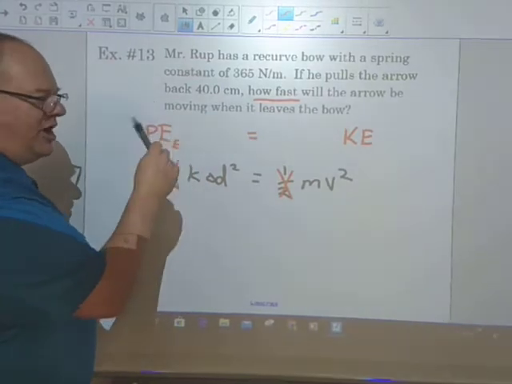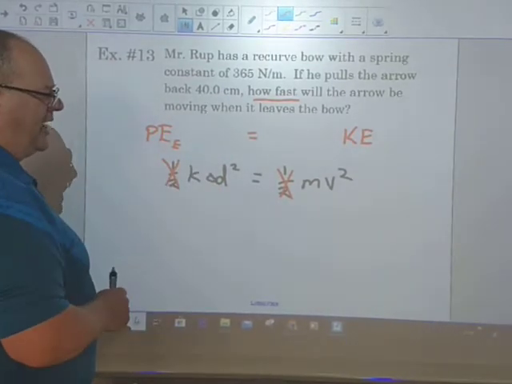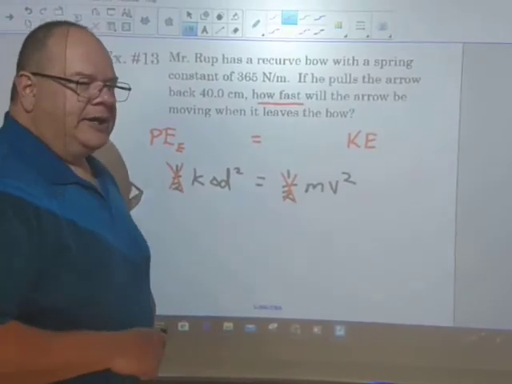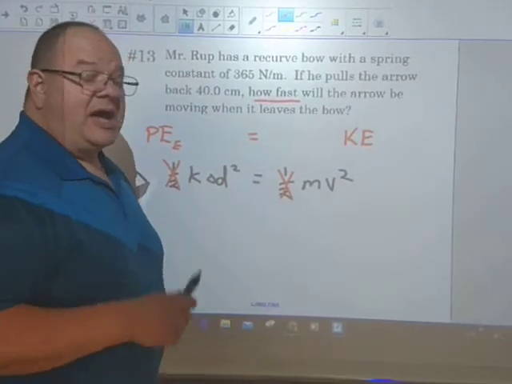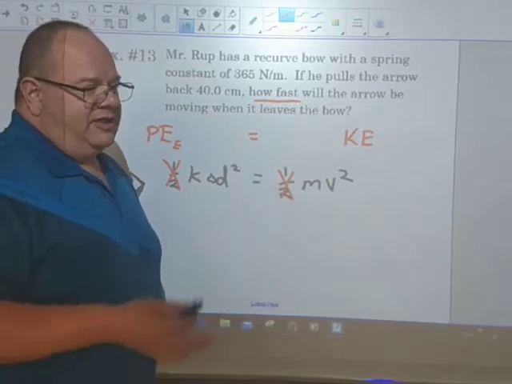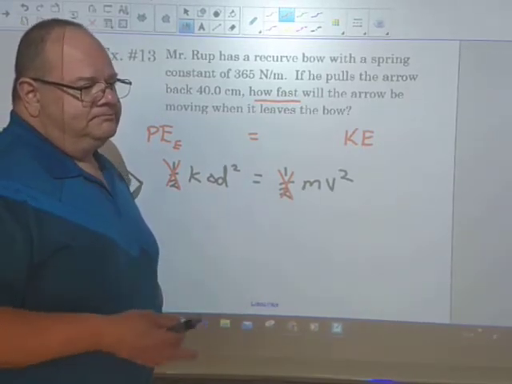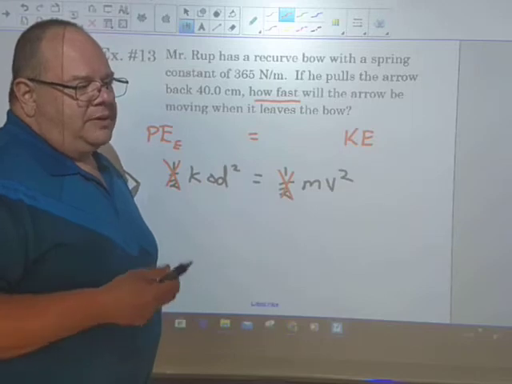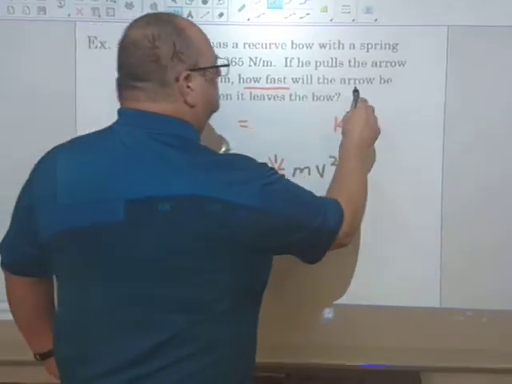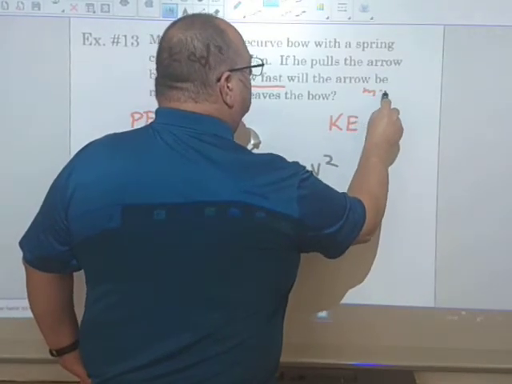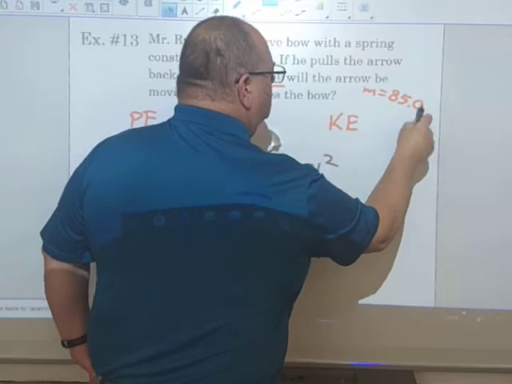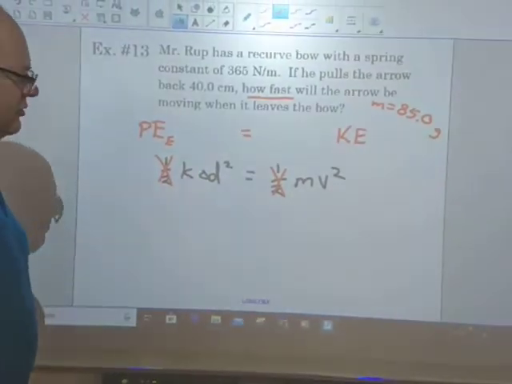It's not actually the draw length, but the distance the arrow is pulled back. We need to know the mass of the arrow. And I forgot to look that up. I am not a hunter, so I'm just going to guess 85 grams. Okay, 85.0 grams.